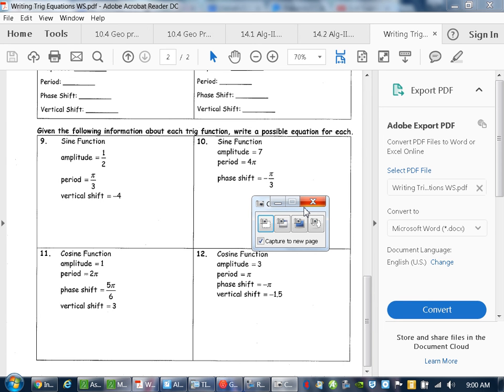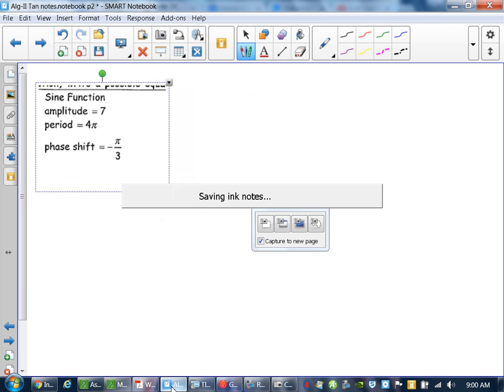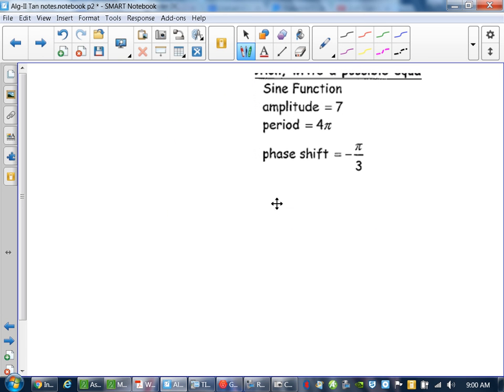What else do we want to look at? So let's see. We have amplitude, so we have sine function y equals a sine b x minus h plus k. I have no k value to worry about, so I just go whatever.